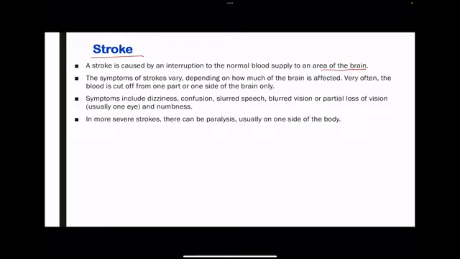Depending on how much the brain is affected, different people can have different symptoms of stroke. Very often, blood is cut off from one part or one side of the brain only. So the symptoms could be dizziness, confusion, slurred speech, blurred vision, partial loss of vision, usually in one eye, and numbness. However, this could be severe, leading to paralysis that could occur on one side of the body.